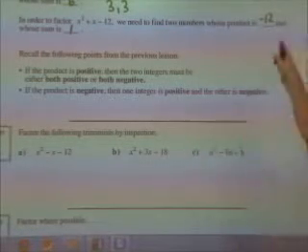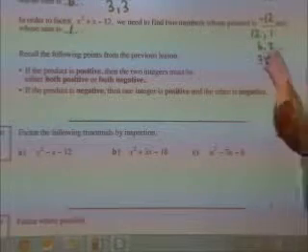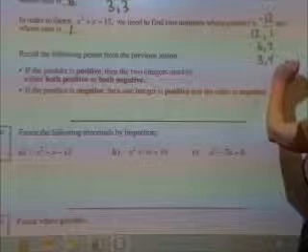So this time, give me all the numbers that multiply to 12. Ignore the negative, just 12. 12 and 1, 6 and 2, 3 and 4. If one of these numbers is positive and one is negative, in order to get that negative 12, I'd find the difference.